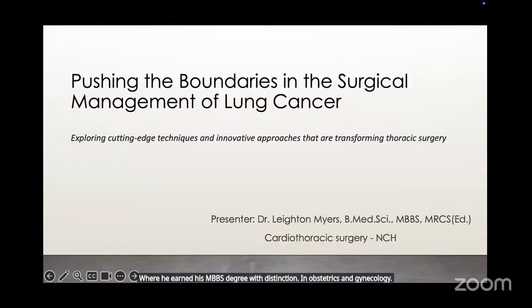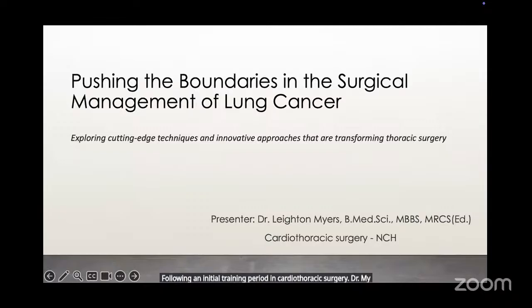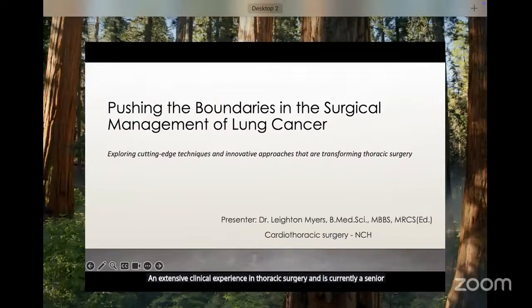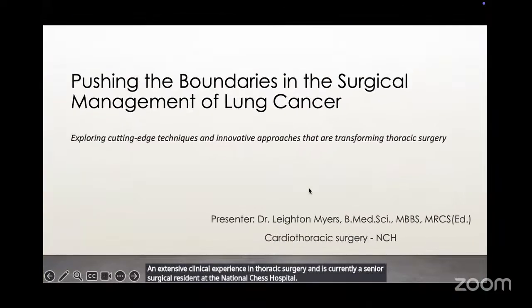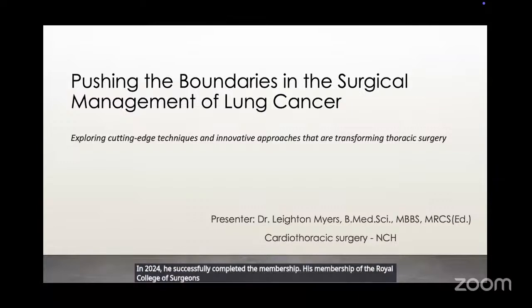Following an initial training period in cardiothoracic surgery, Dr. Myers continued to build an extensive clinical experience in thoracic surgery and is currently a senior surgical resident at the National Chest Hospital. In 2024, he successfully completed his membership of the Royal College of Surgeons examinations and was admitted as a member of the Royal College of Surgeons of Edinburgh.